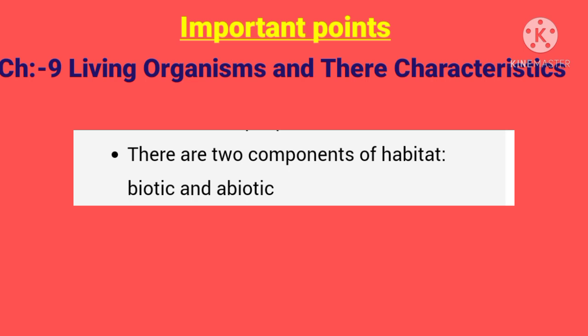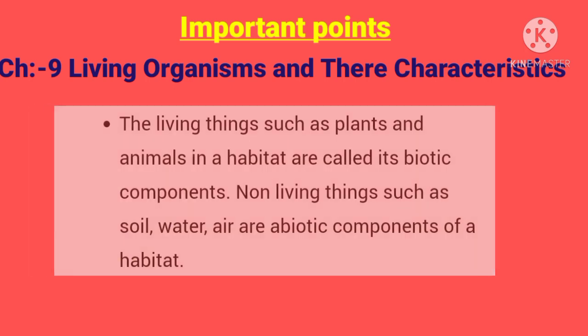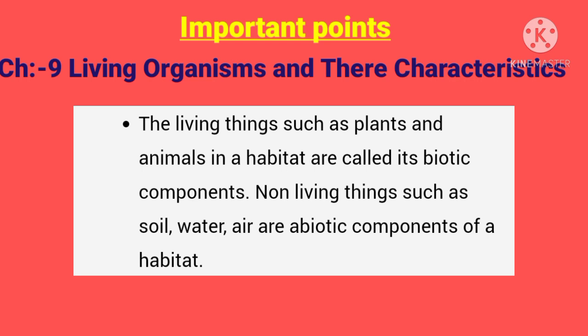Examples are rock, air, water, soil, etc. Now the next point is the living things such as plants and animals in a habitat are called its biotic components. Non-living things such as soil, water, air are abiotic components of a habitat.